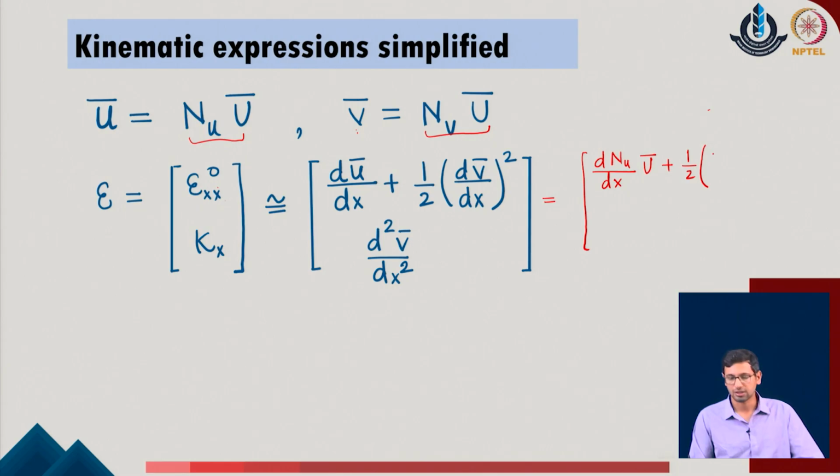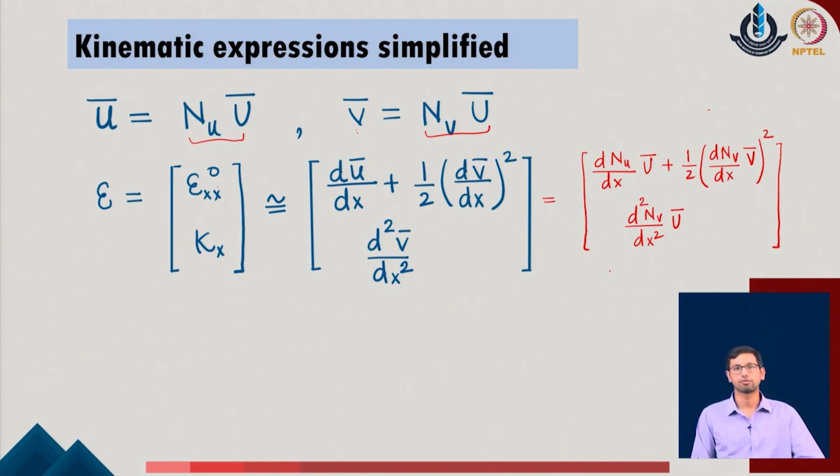So, it will come out as d of n v upon dx v bar whole square, and then the second derivative of v bar with respect to x I can define as d square n v upon dx square v bar. This happens to be the standard way in which I can describe the derivatives of the given system.